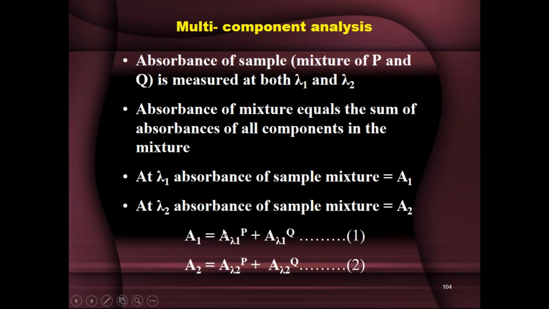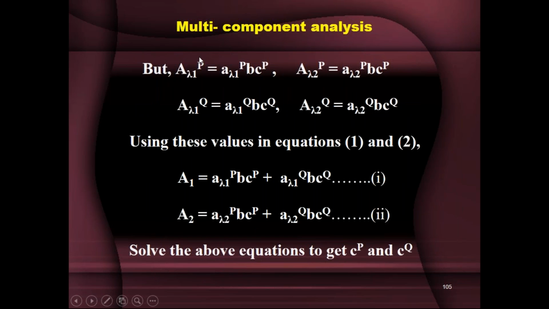Now each of these absorbances we will expand it according to Beer-Lambert's law. So what is capital A lambda 1 P? Capital A for P at lambda 1 equals epsilon B C, so epsilon for P, B, C for P. Like this for Q also we will expand. You can see here A lambda 1 P equals, I've used here absorptivity, so you can use either absorptivity or the molar absorptivity.